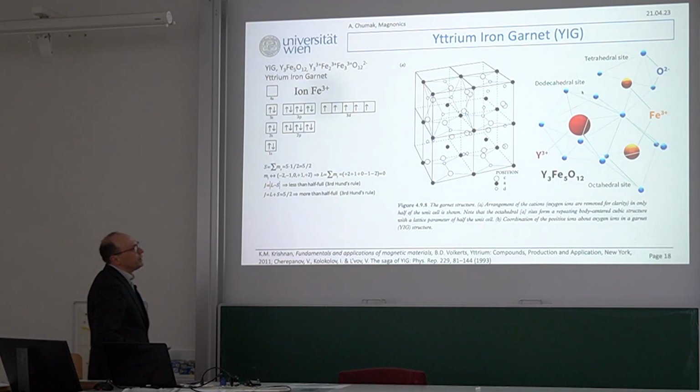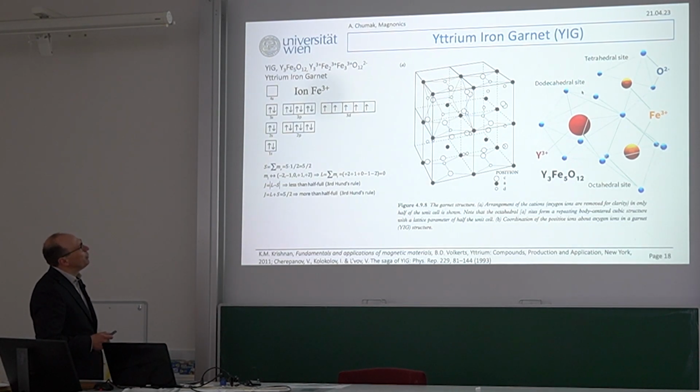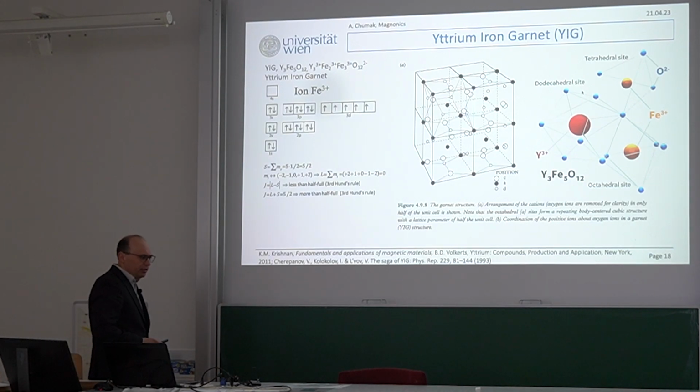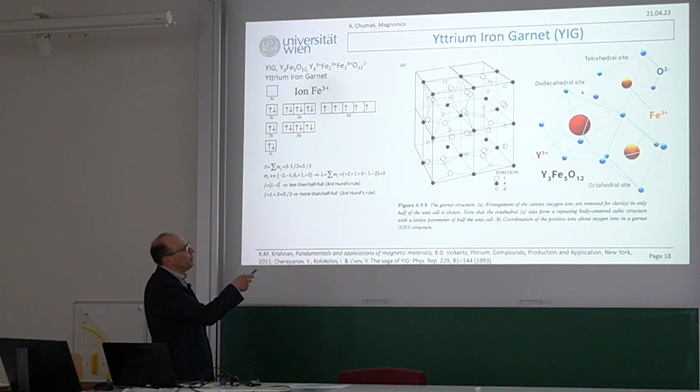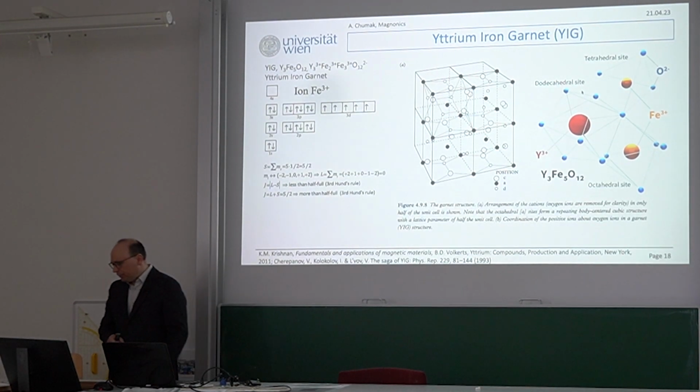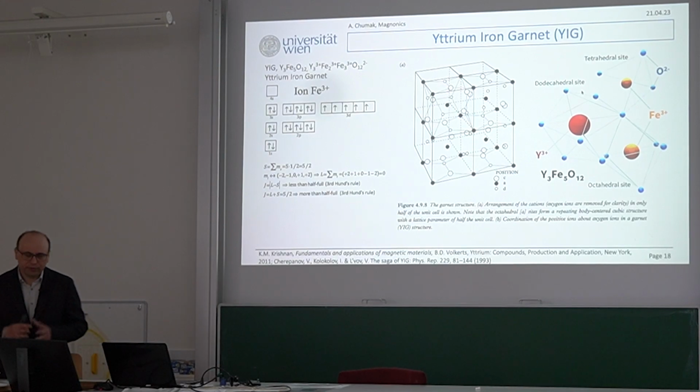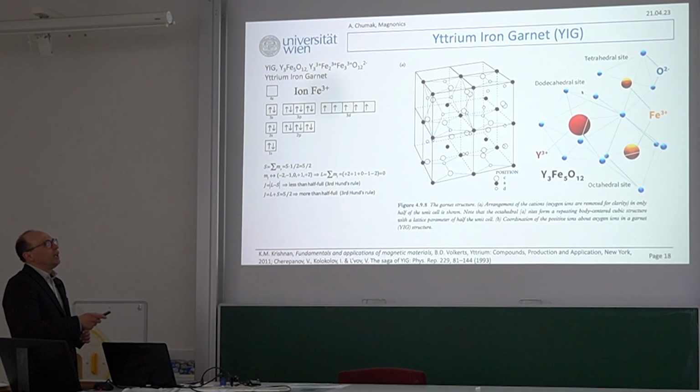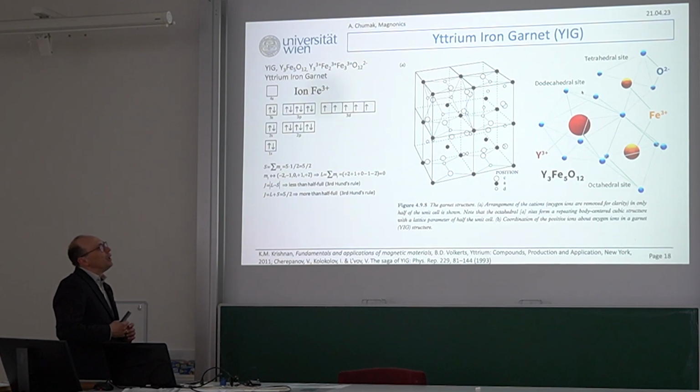It's a very complicated structure. If you speak about a primitive cell, we have 80 atoms. If we speak about the unit cell, we have 160 atoms in it. So it's a very complicated structure. The lattice constant is 1.24 nanometers.